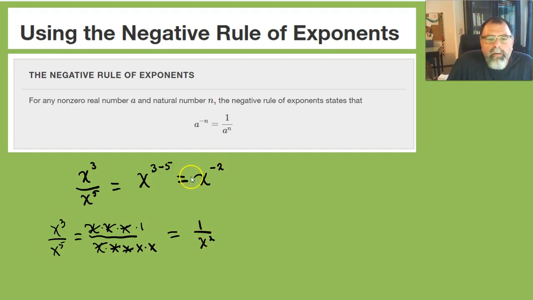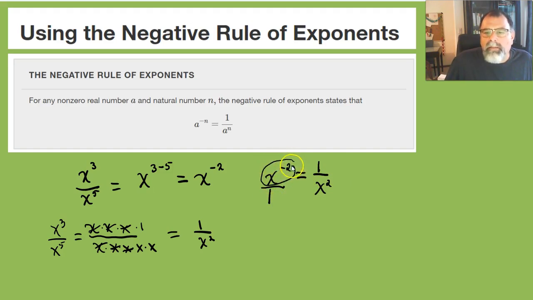Okay, so we started with the same number, so these two results have to be equal to each other. So you can see x to the negative 2 is the same thing as 1 over x squared. So negative exponent, you can think of it this way. If something has a negative exponent, that's going to take that and push it to the other side of the fraction bar. It's going to go to the bottom.